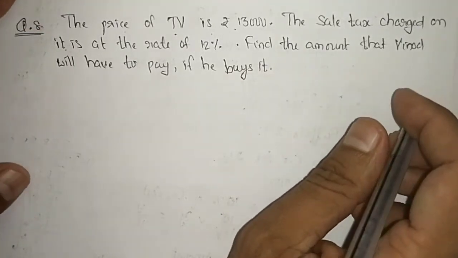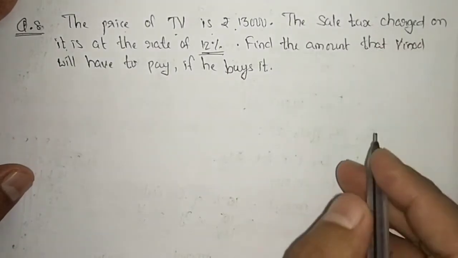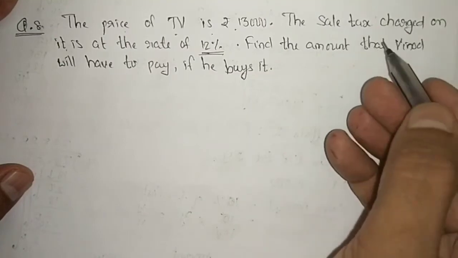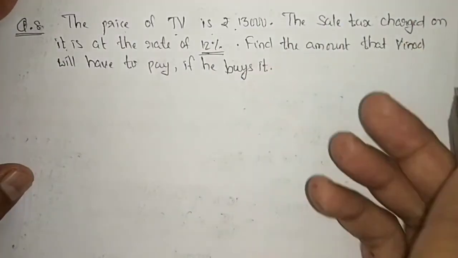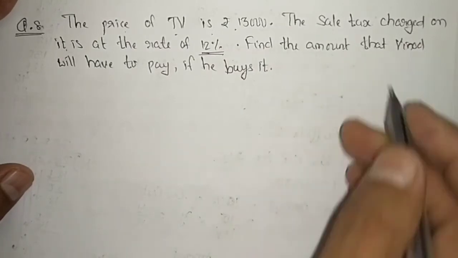Here they have given 12% sales tax, but we are supposed to find the sales tax amount in rupees. If we find it in rupees, we will add it to 13,000. So the total amount will be our selling price, right? That is the amount Vinod has to pay.